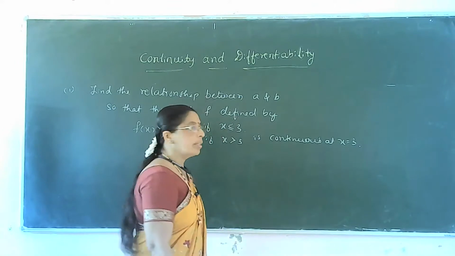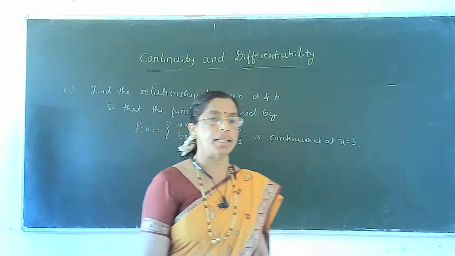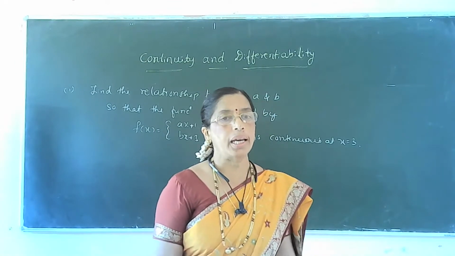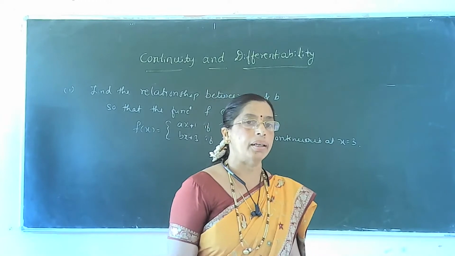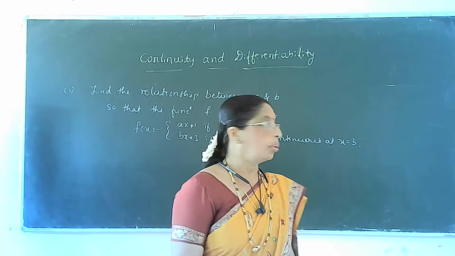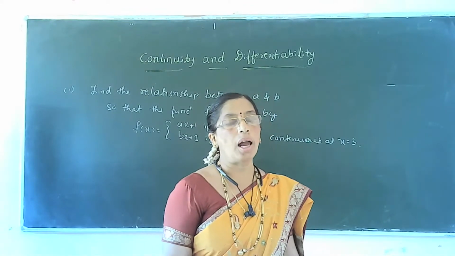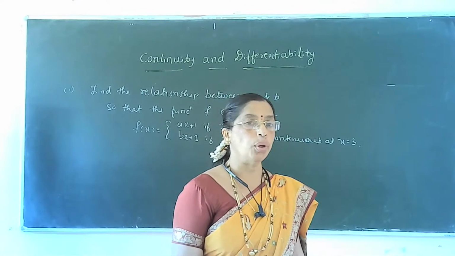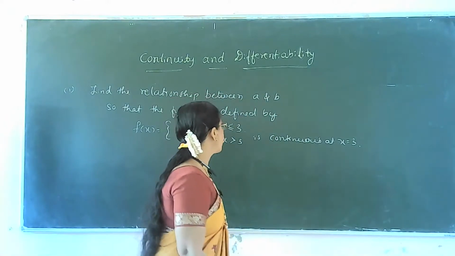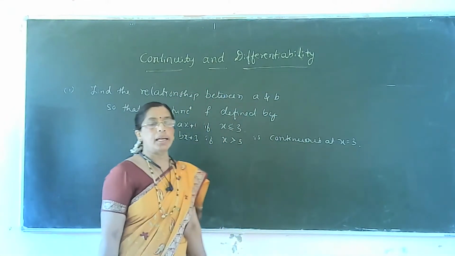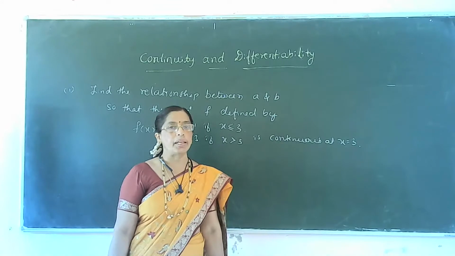We know that if the function is continuous at x equal to 3, then LHL limit, RHL limit and f of 3 all are equal; then only the function is continuous. Therefore, we find the LHL limit, RHL limit and f of 3.